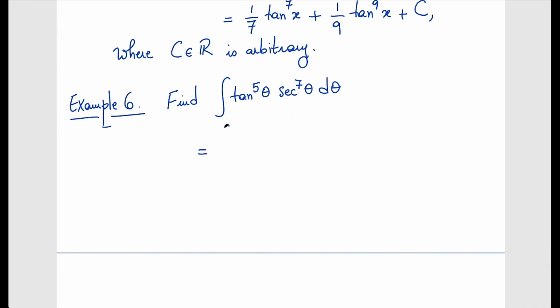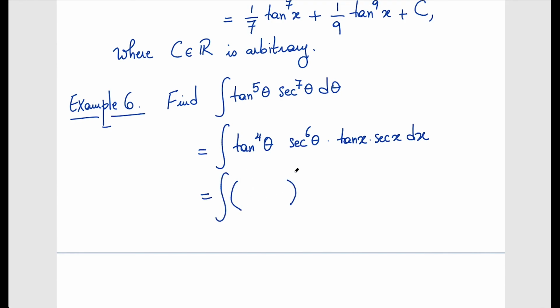As we said, we're going to take one copy of tangent and one copy of secant to get tangent x secant x dx. And as we discussed above, I can rewrite tangent to power 4 as the square of tangent squared theta times secant 6 theta times tangent x secant x dx.